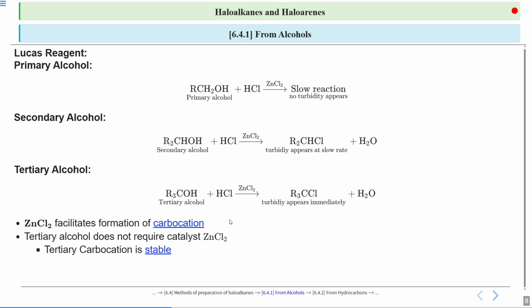The tertiary alcohol is going to show the SN1 mechanism, the nucleophilic substitution mechanism, with the hydrogen chloride. First of all, the protonation of the alcohol is going to happen.